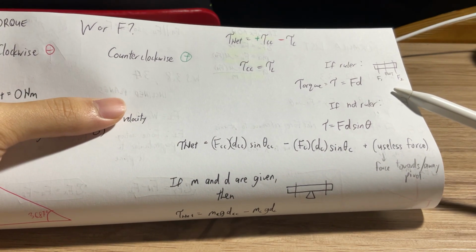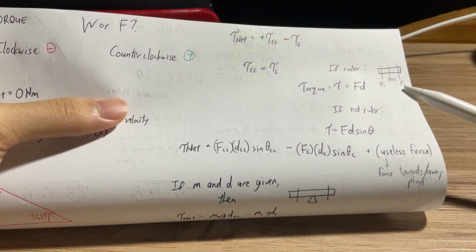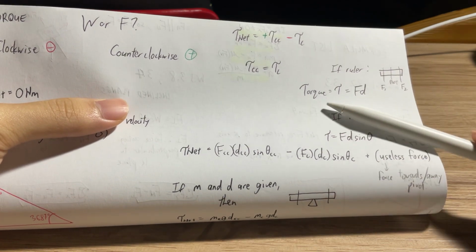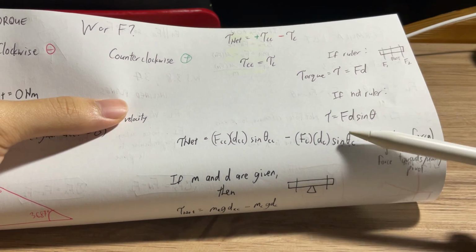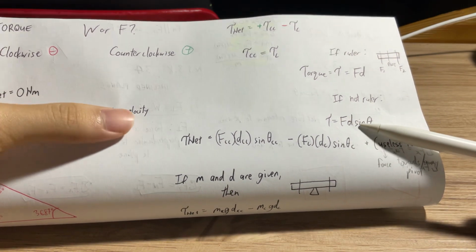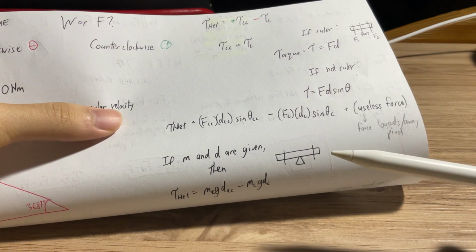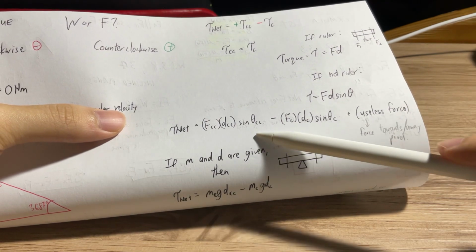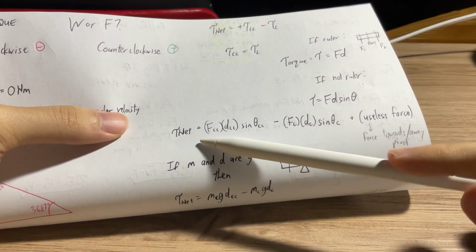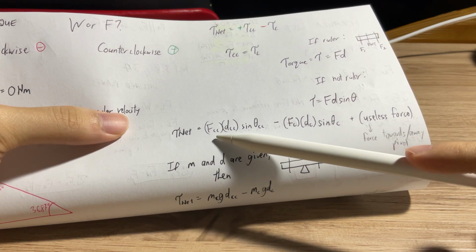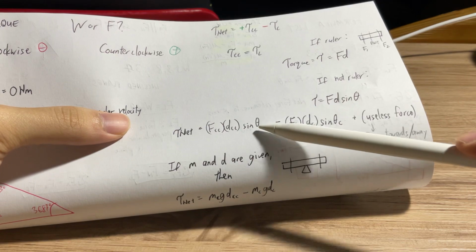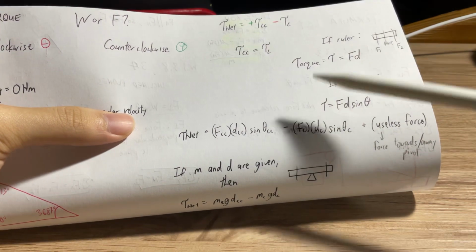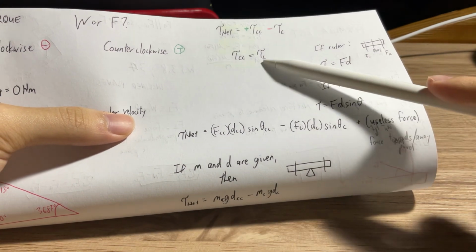if we have a ruler, we have F1 and F2. For torque, it's equal to Fd. If it's not a ruler, then the formula for torque is Fd sine theta. And so, if you want to extend the formula for net torque, it's Fd sine theta of everything here under counterclockwise, and here everything under clockwise.